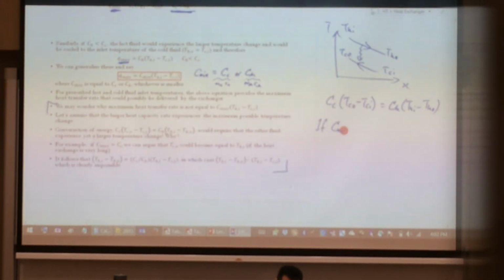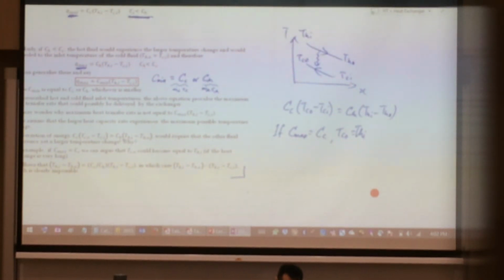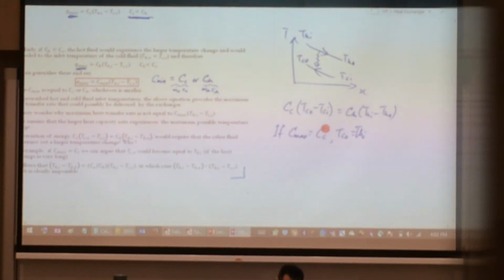If Cmax is equal to Cc, that means Tc naught will be equal to Thi. So what that means is that if this cold fluid over here, because this one is for the cold fluid, has the heat capacity rate that is the maximum between these two fluids, then this Tc naught here will start to approach my Thi.